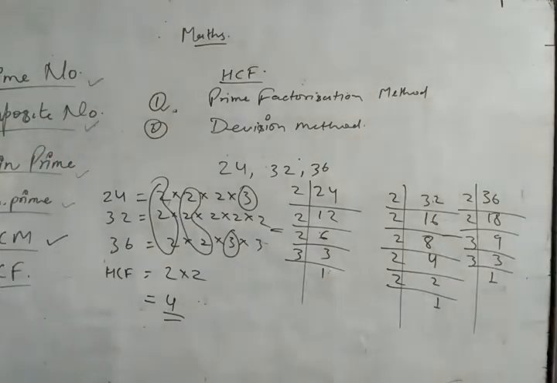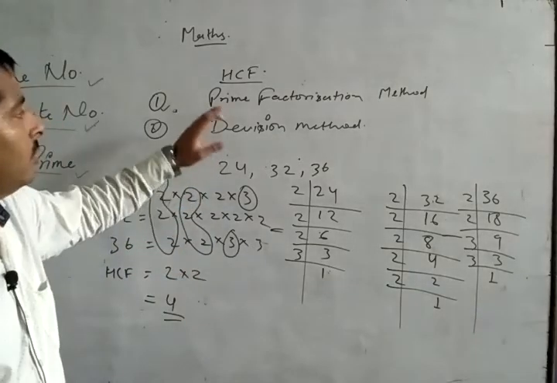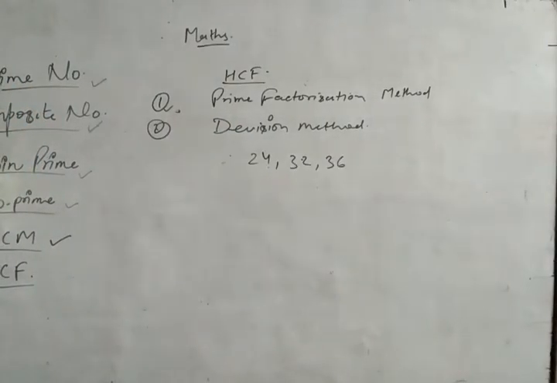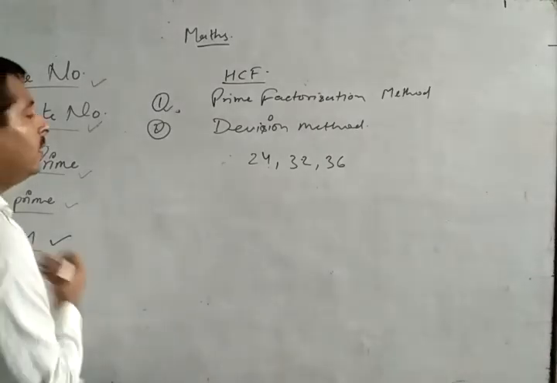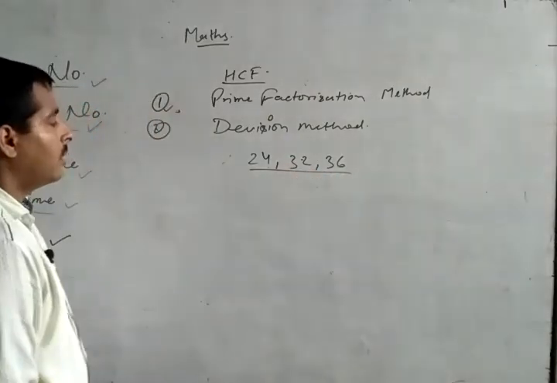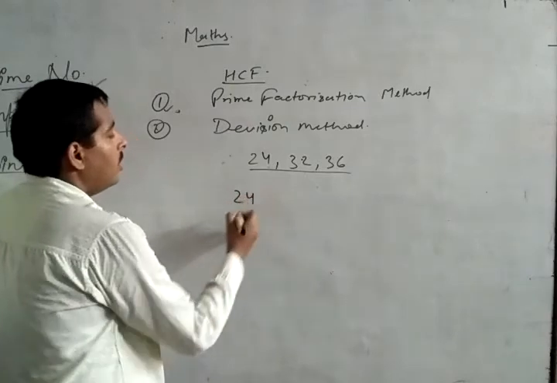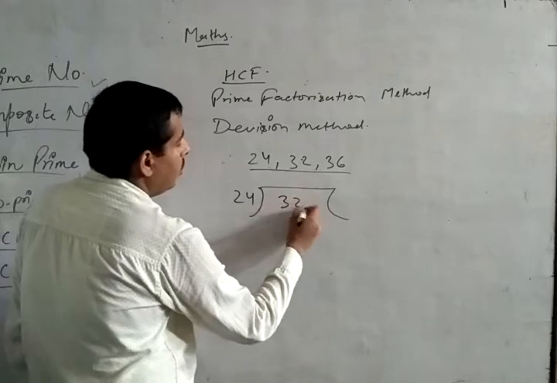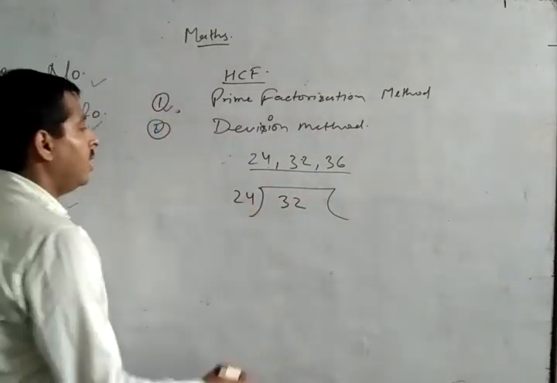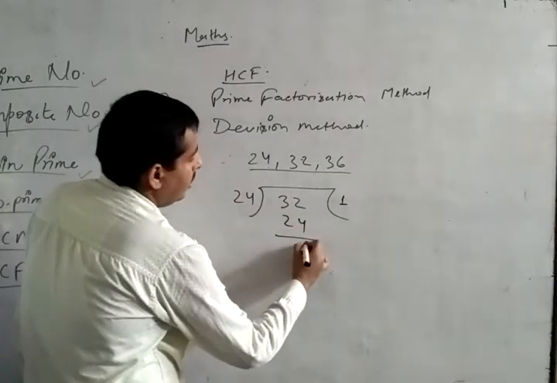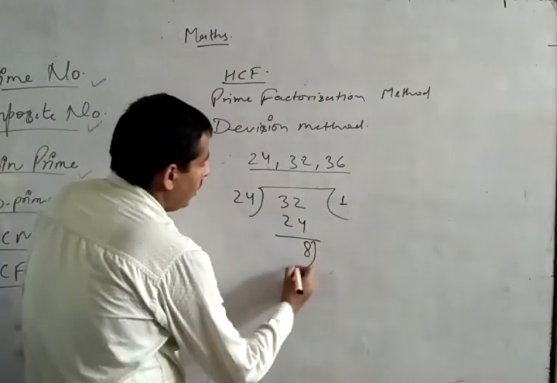Now we will discuss calculating the HCF using the division method. Now we want to calculate the HCF by the division method. Then what do we have to do? Find the minimum number among these numbers, that is 24. Dividing 32 by 24, if we divide by 1 time, we will get 24 here and it gives you remainder 8.